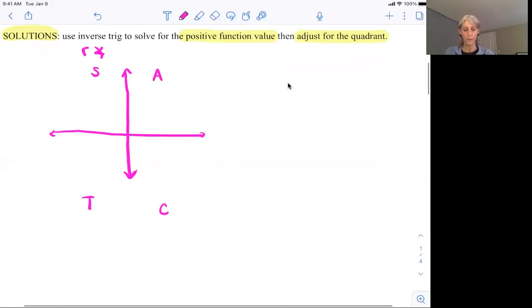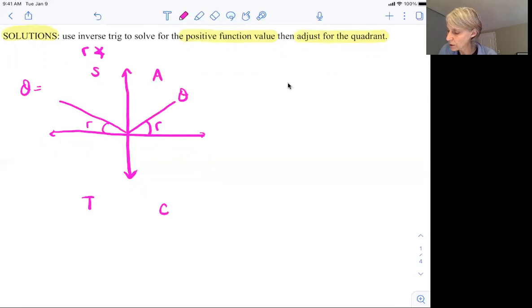If we're solving our equation, remember, we're always going to solve for the positive reference angle, and then we adjust for our quadrant. If theta is in the first quadrant, theta is the reference angle. If theta is a second quadrant value, we do 180 minus r. If we want to get our solution in the third quadrant, now this is a little tricky here, you're going to do 180 plus your reference angle.